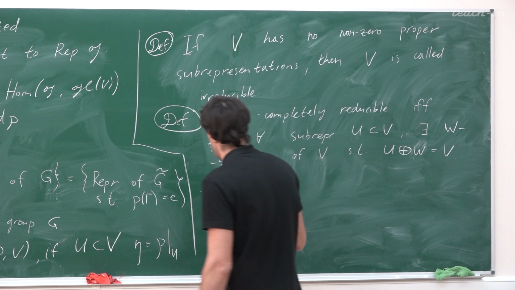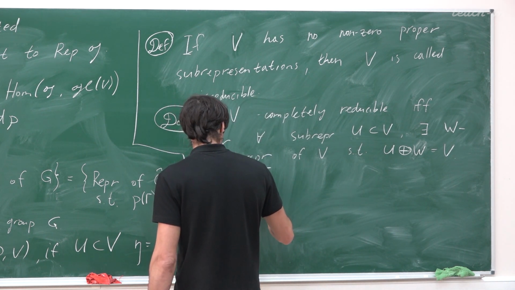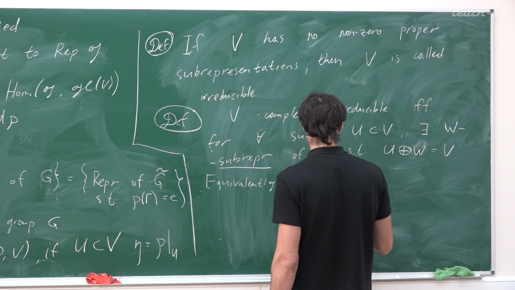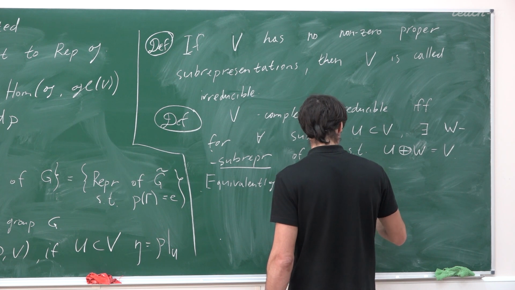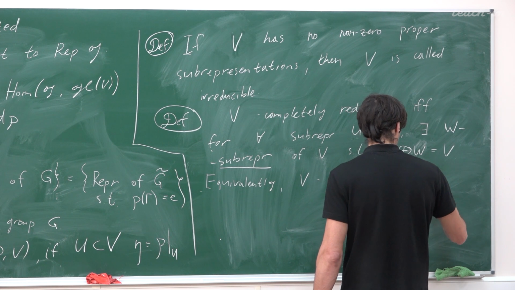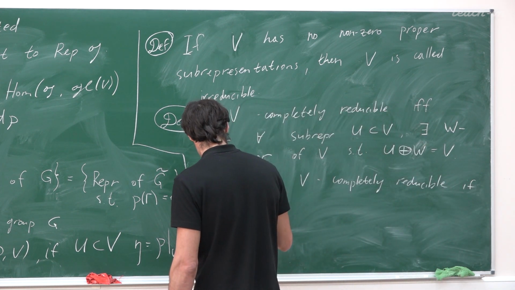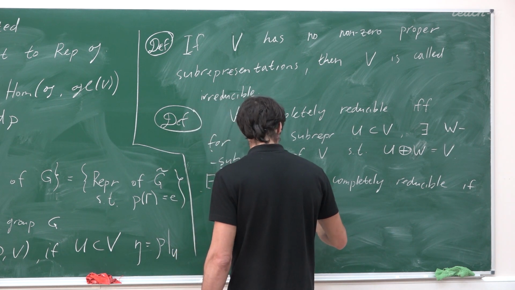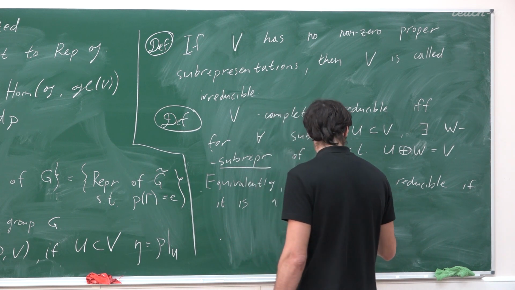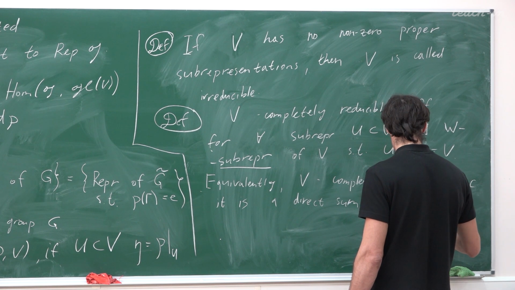In other words, equivalently, V is completely reducible if it is a direct sum of irreducible representations.